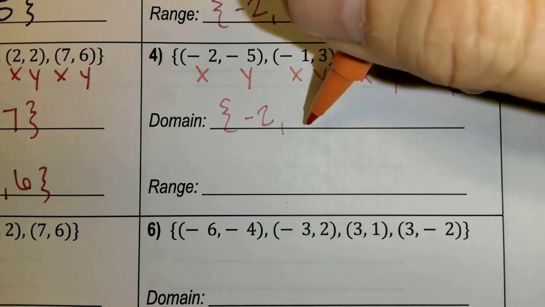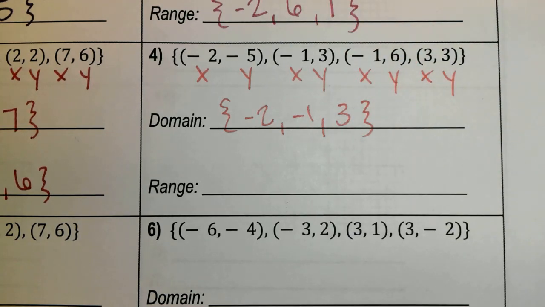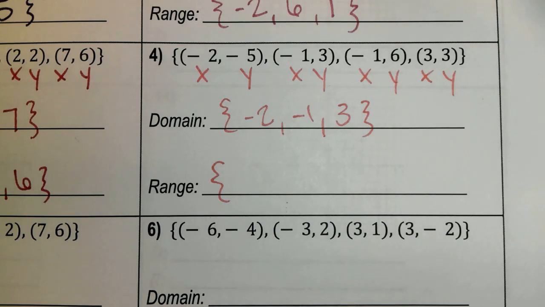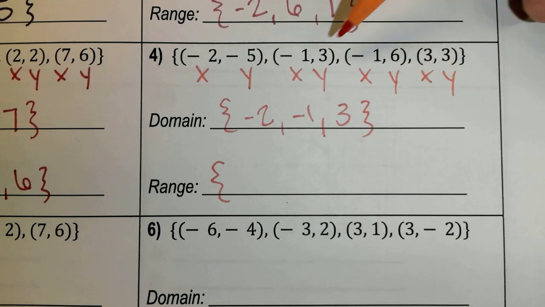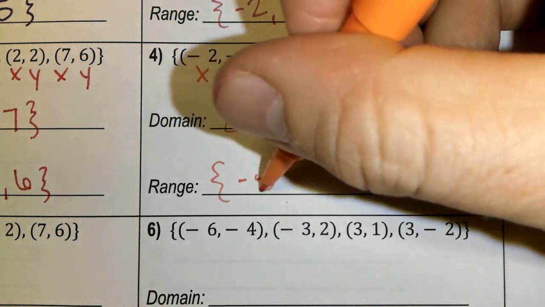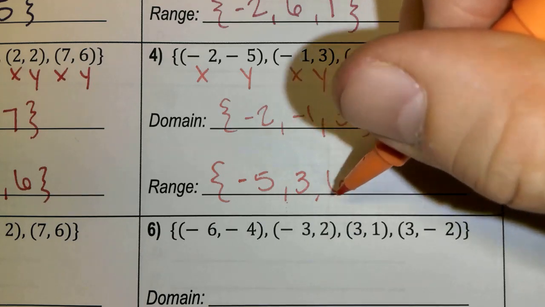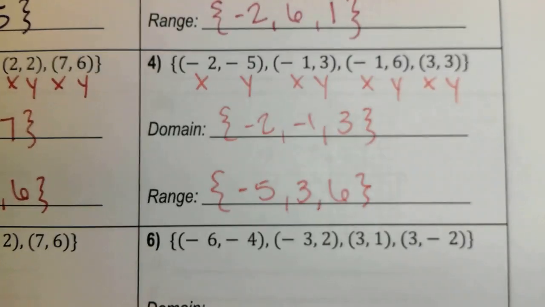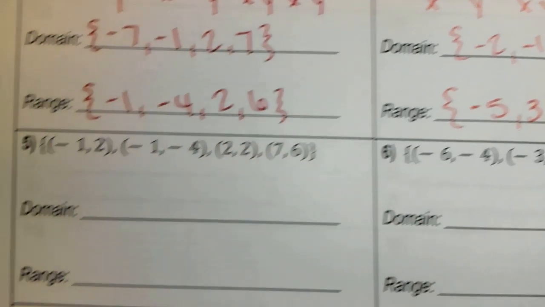So I have -2, -1, and 3. That was a little better. All right, y's, -5. Okay, 3 repeats, so I have -5, 3, and 6. Maybe if I slow down, it won't be so bad. And look, I'm done with 4.